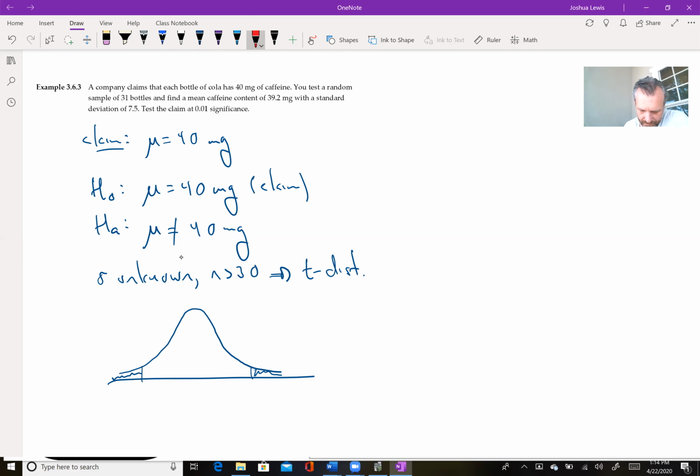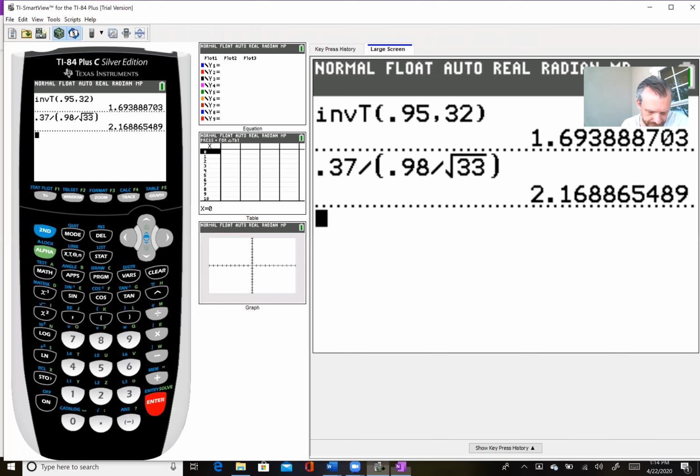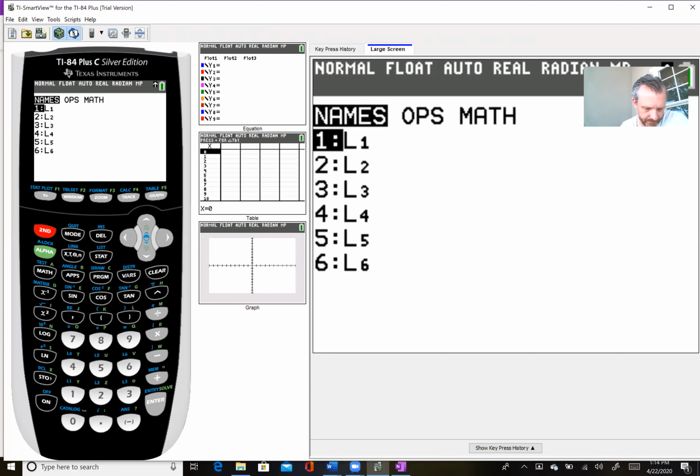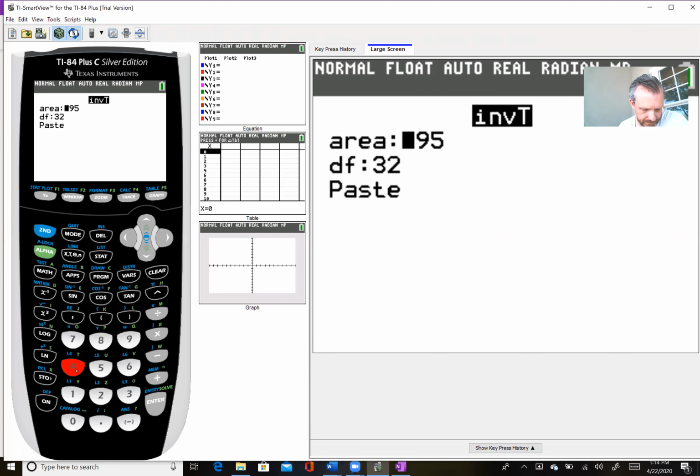So the area in each of these tails is 0.005, and here is our fail to reject H naught, or the null. All right, let's go get our t value. So inverse t.